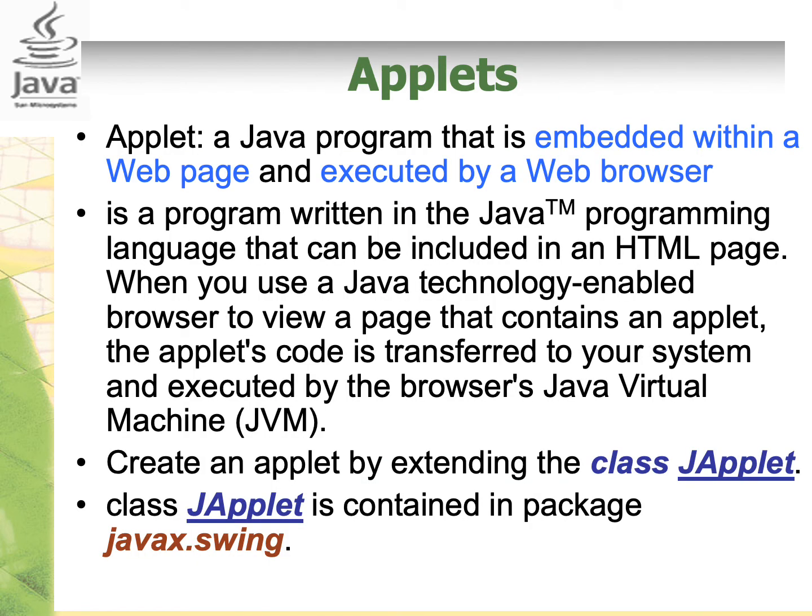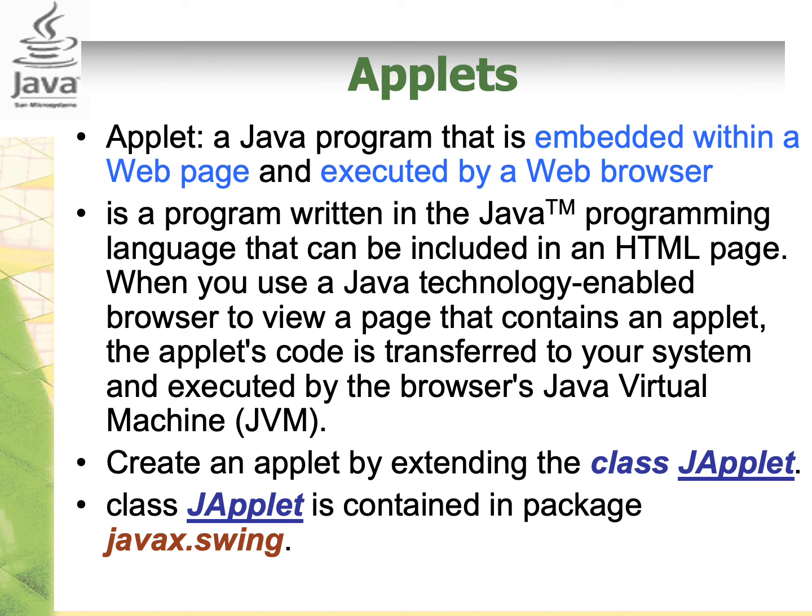So far, we have looked at standalone programs. Now, let's look at applets. So what is an applet? An applet is a Java program that is embedded within a web page and executed by a web browser. An applet is a program written in the Java programming language that can be included in the HTML page.